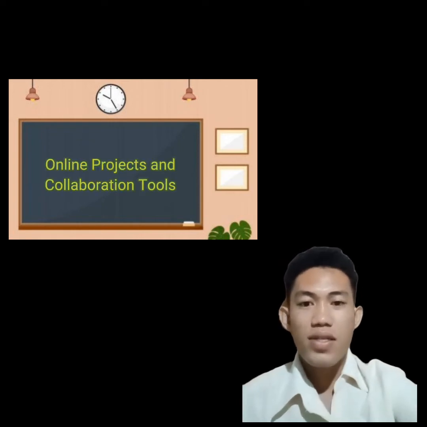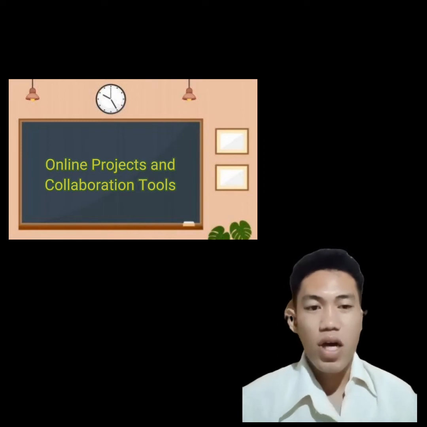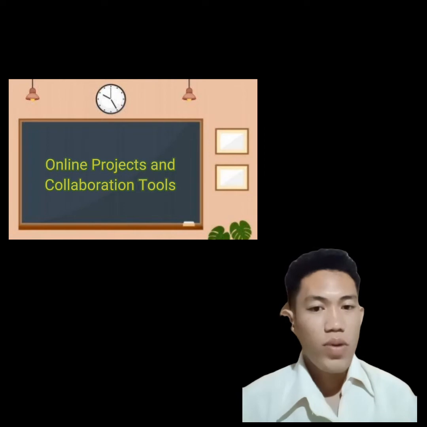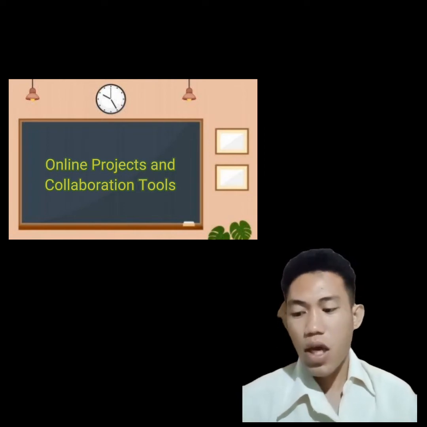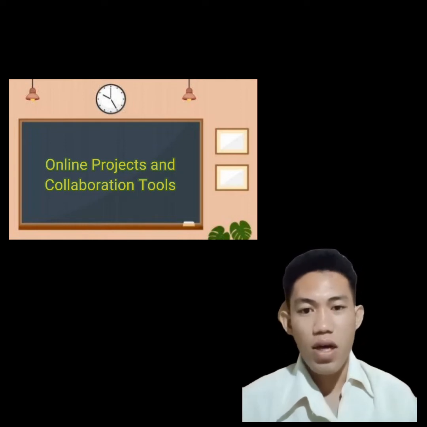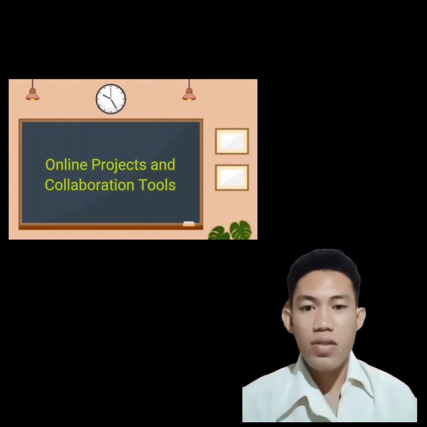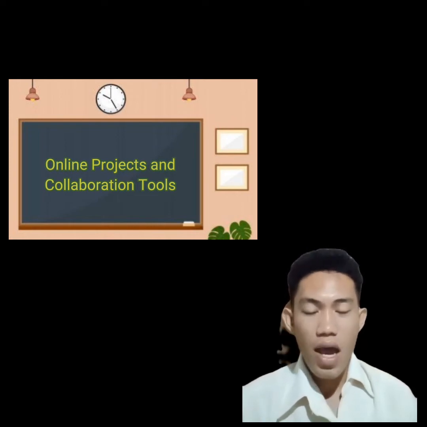So the second one is online projects and collaboration tools. From the words collaboration tools, it involves collaboration within a group of students. A group of students collaborate with each other on a certain task to perform. And then it helps the group of students to gain knowledge in a certain task, and to improve their skills individually and as a team.